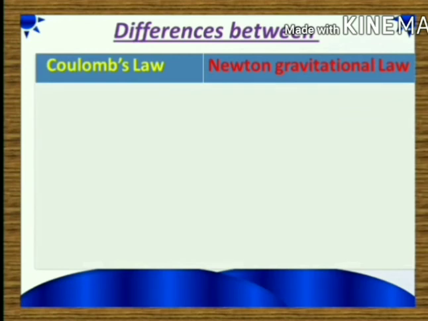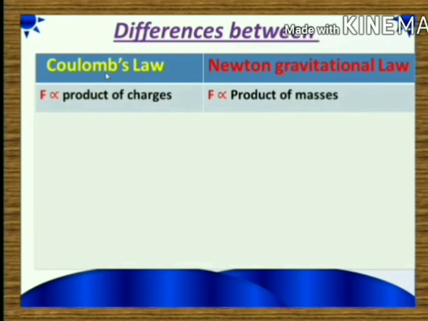Next, differences between Coulomb's inverse square law and Newton's gravitational law. According to Coulomb's law, the force of attraction or repulsion is proportional to the product of charges. But according to Newton's law, force is proportional to the product of masses.